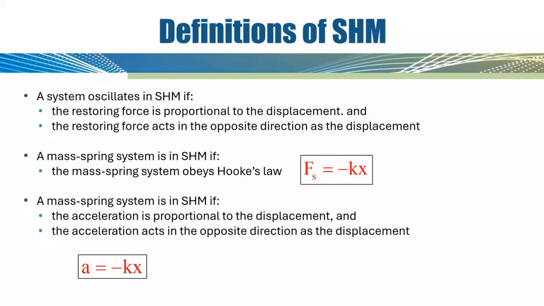We could write these statements mathematically as a equals negative kx. But a more common way to write the acceleration model is the acceleration equals negative omega squared x, which we'll learn about in a future lesson. This is the defining statement for IB physics.